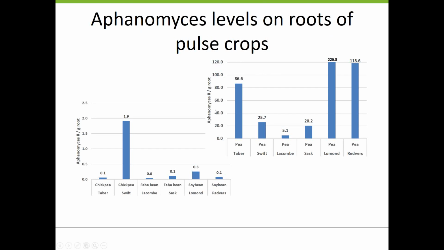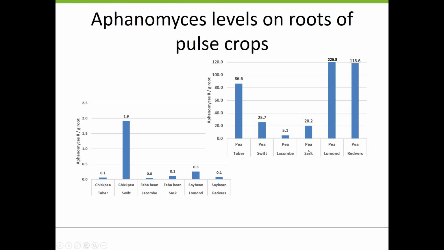First, what I want to highlight over here is the results of our Aphanomyces numbers. So this is number of cells or oospores per gram of root when we look at the pea crops at our different sites. We can see Lacombe, this is that site that I just showed you that really had very little disease. So we're getting very few oospores being produced on those roots.